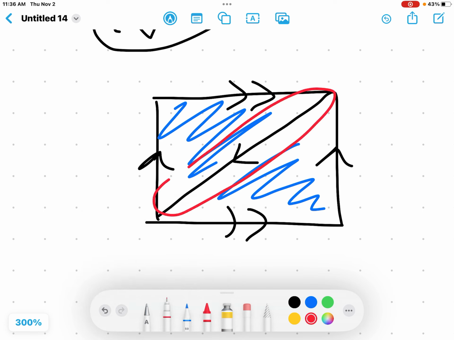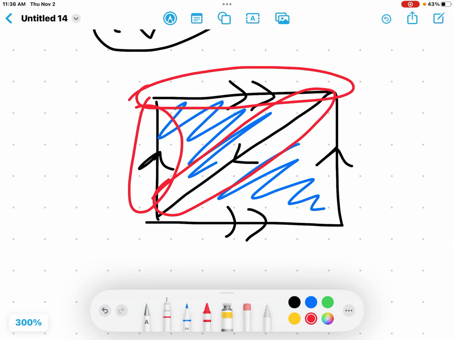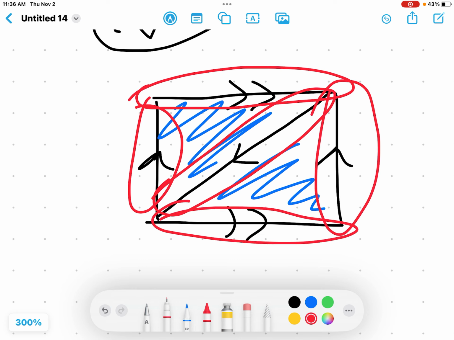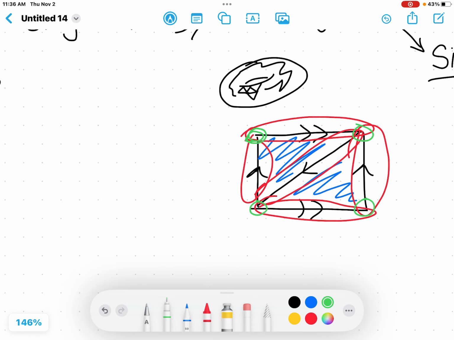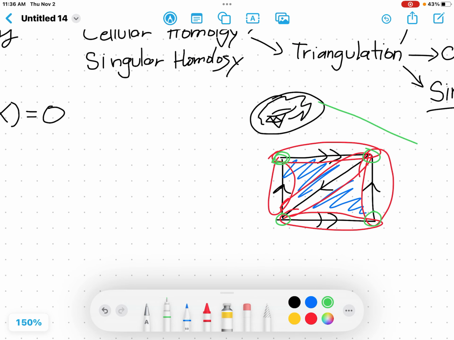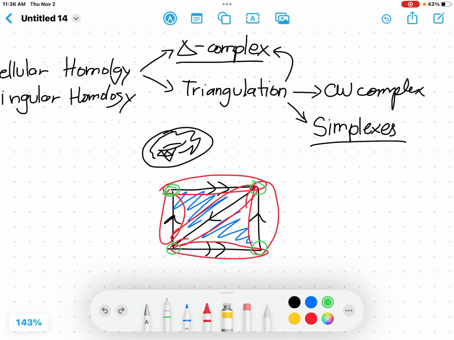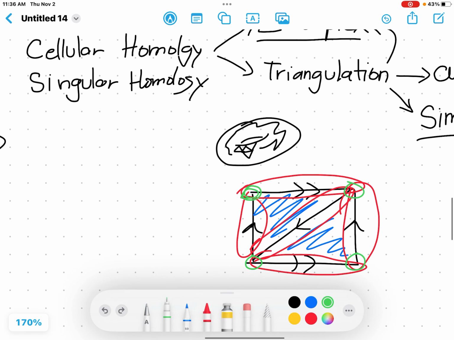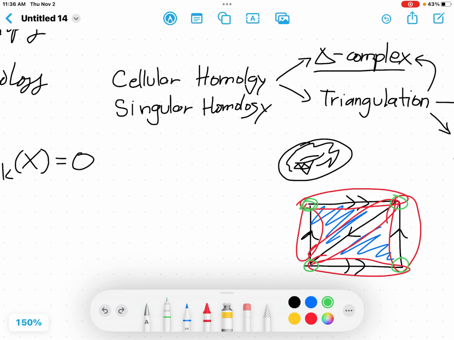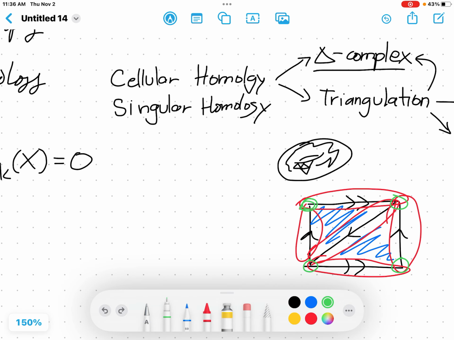So 1, 2, 3 edges, which is the same as this and this. And then simply just one vertex, right? So it's much easier to do that. But if we do it via simplices, we'd have to actually triangulate the entire thing, and although it would give us a much more accurate homology of the torus, it's very computationally intense.